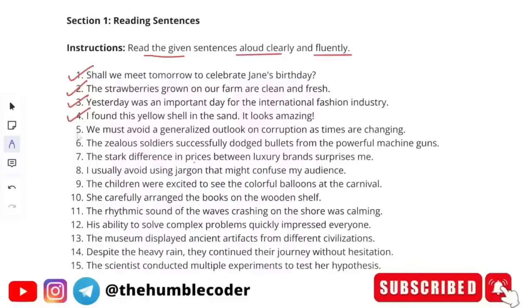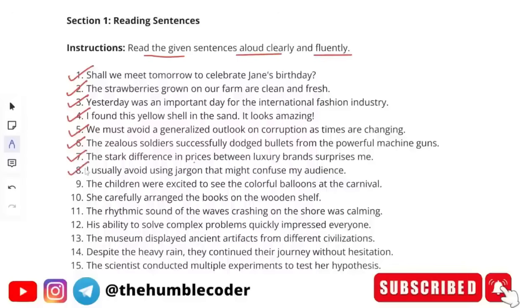It looks amazing. Fifth, we must avoid a generalized outlook on corruption as times are changing. Sixth sentence, the zealous soldiers successfully dodged bullets from the powerful machine guns. Seventh sentence, the stark difference in prices between luxury brands surprises me.